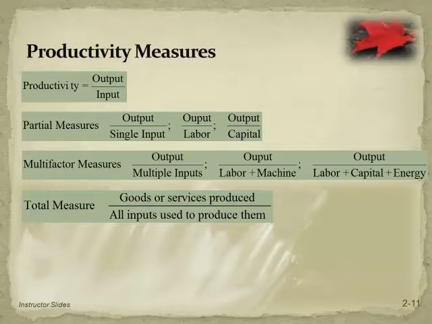And in the last part of this slide, we see a total measure: goods or services produced divided by all items used to produce them. That's the productivity measure at a national level.